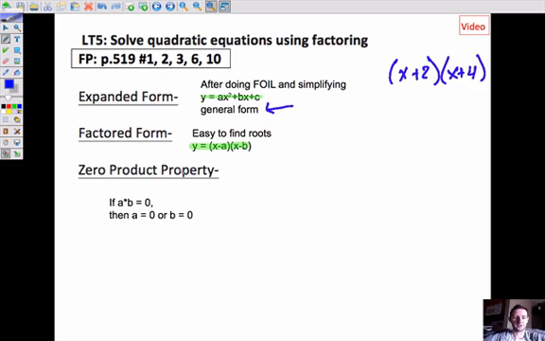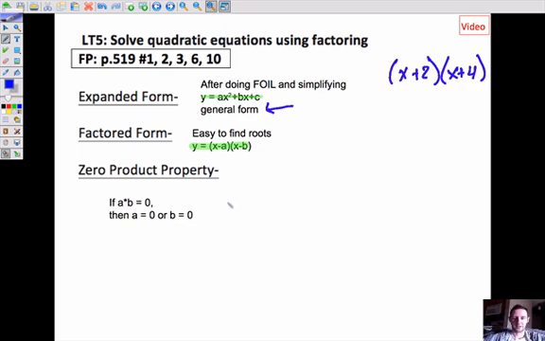using something called the zero product property. And basically what the zero product property is, if you have two things multiplied together, a and b we'll call them, if you have a times b and that equals 0, if that's true, then either a has to be 0 or b has to be 0.